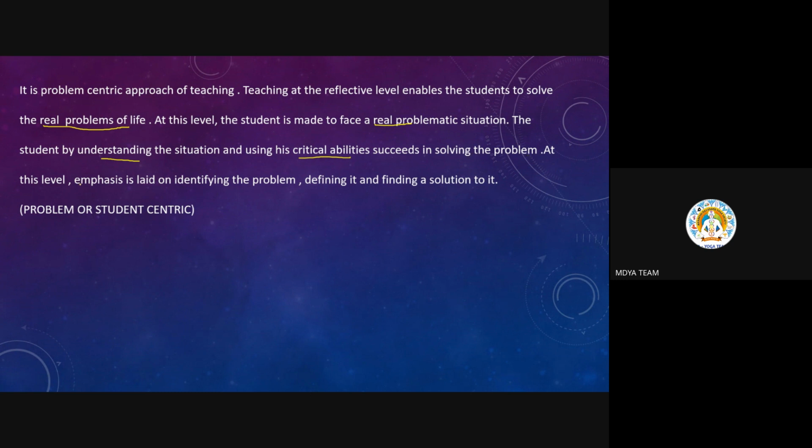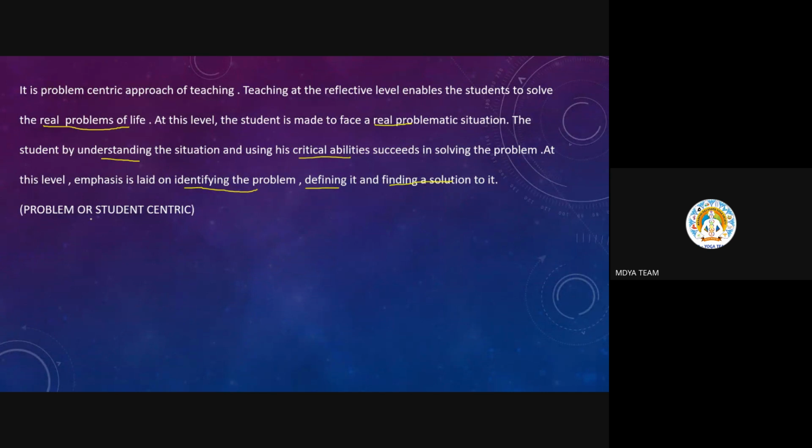At this level, emphasis is laid on identifying the problem, defining it, and finding a solution to it. The problem is identified, explained, and the solution is found.